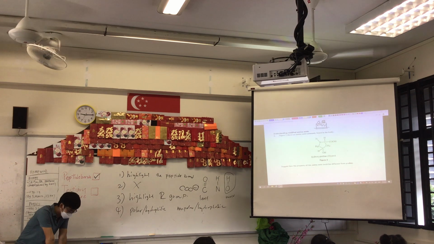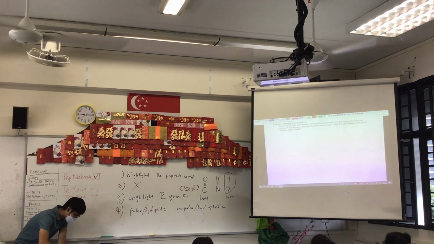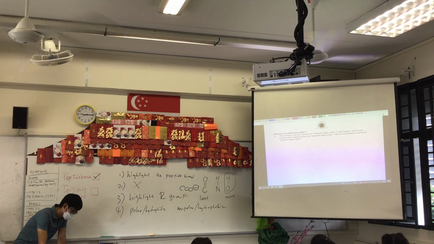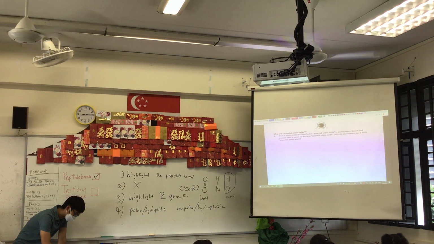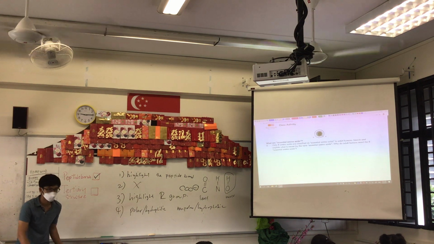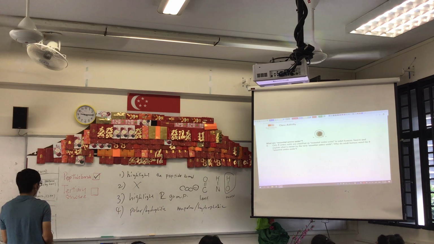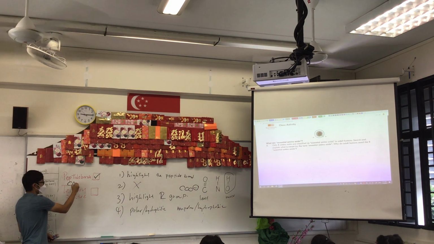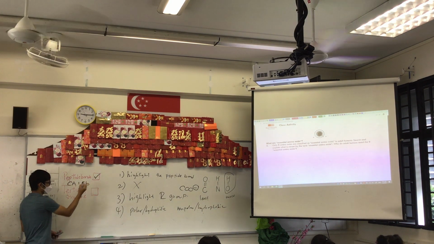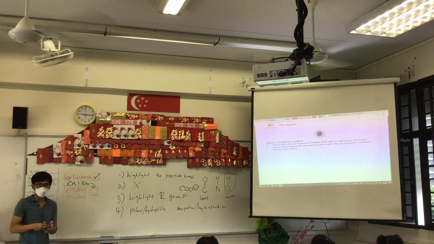If you want to do it, you can. As you touch up your notes, those that are ready, can I get you to download CA 1.5B? This is what we'll be using today to learn a little bit more.